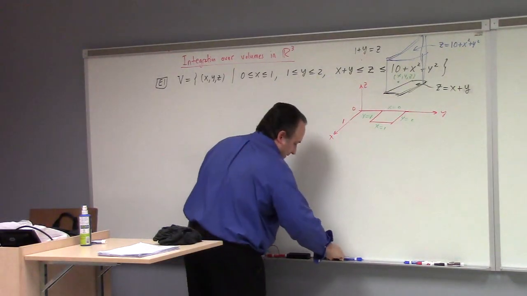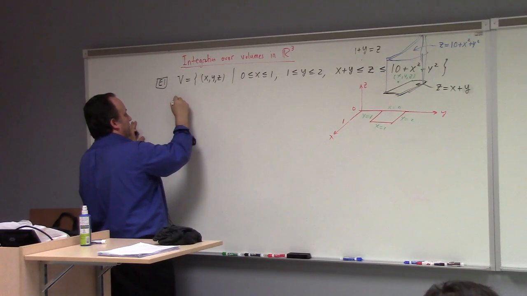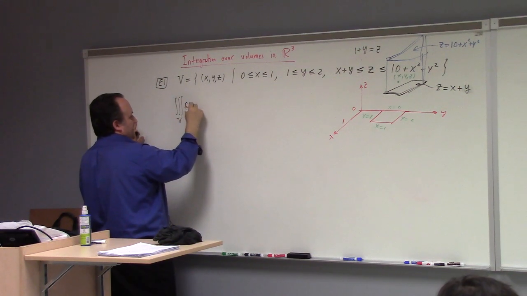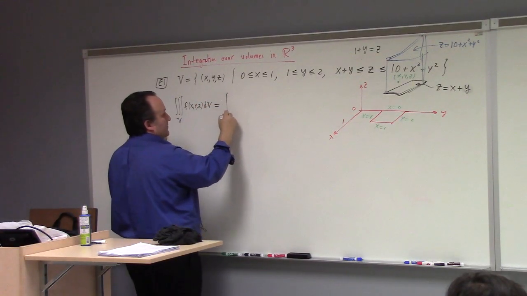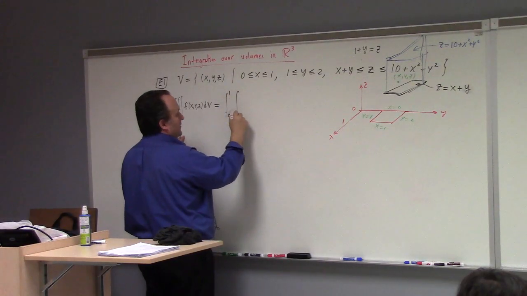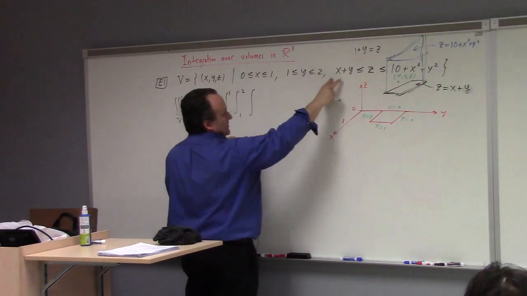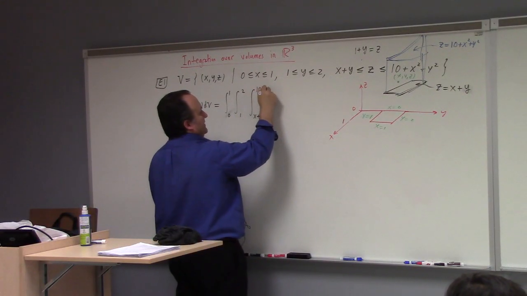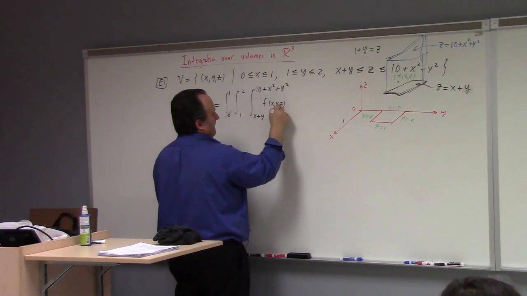And so the way that goes is like this. The triple integral over the volume of a function of three variables, perhaps, f of x, y, z, dV, is equal to the integral from 0 to 1, the integral from 1 to 2, the integral, okay, so the lower z is x plus y, the upper z is 10 plus x squared plus y squared, and then I have to have f of x, y, z times what?